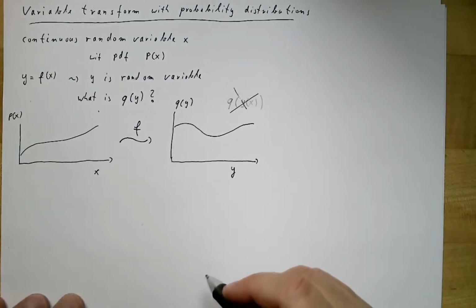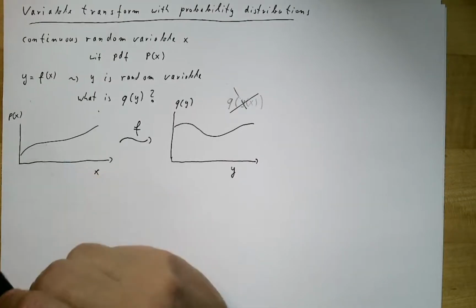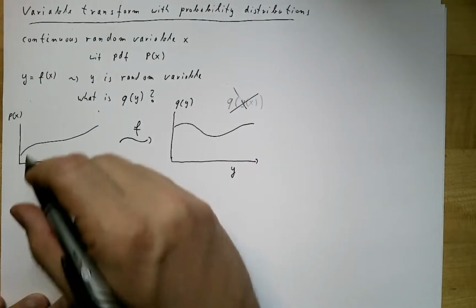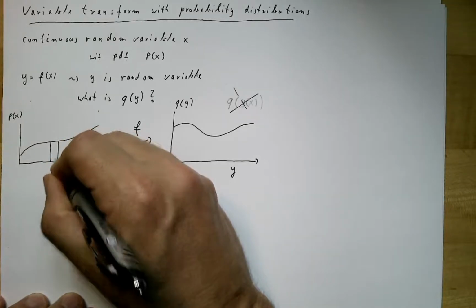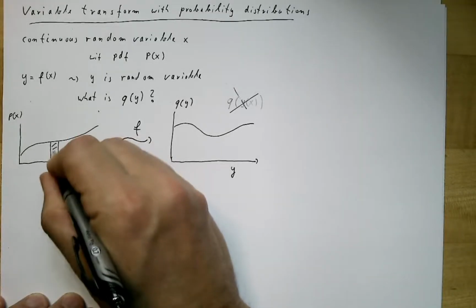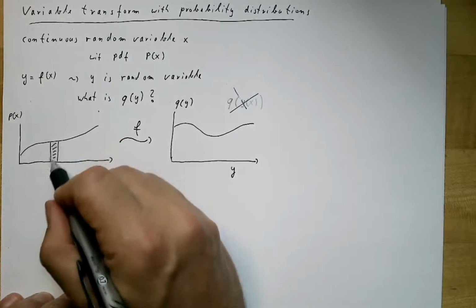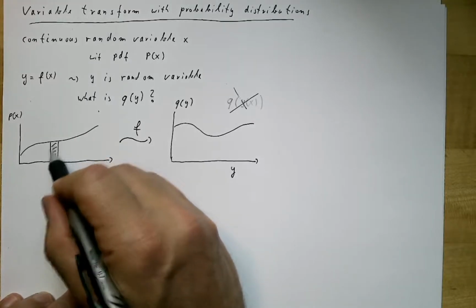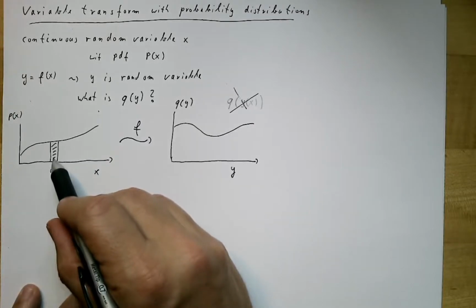To get the right idea, we have to see what is the probability that a certain event happens. The probability for a continuous variable means we need a small interval dx, and the probability for a random variable in this interval is proportional to the size of this rectangle. And now under the variable transform, the probability cannot change.